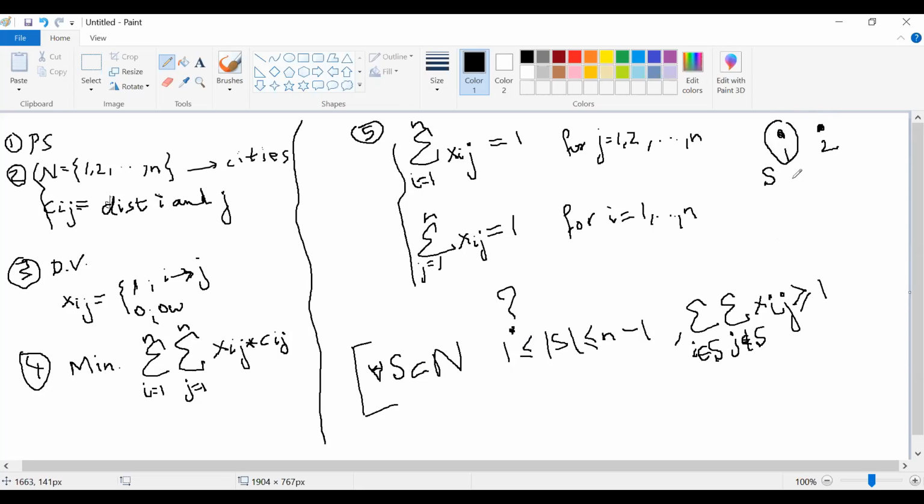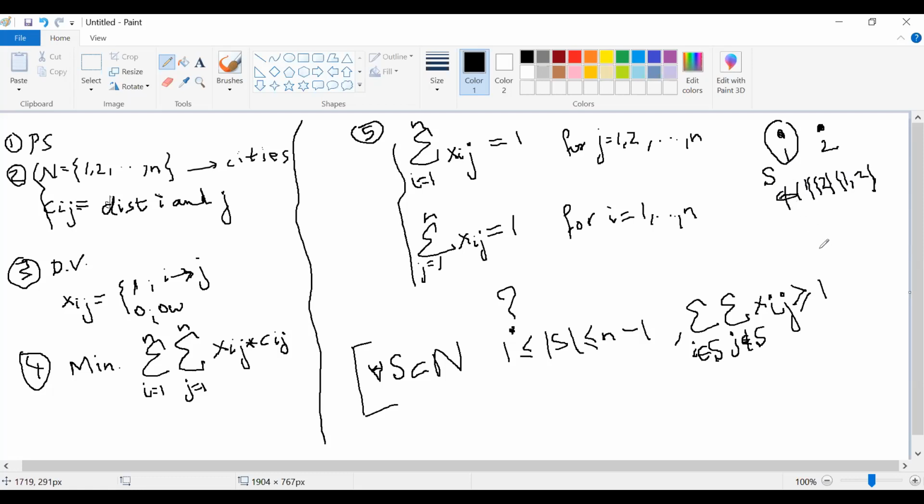Basically we have to find all the possible subsets of a set with two cities. So it would be either 1, 2, or 1 and 2. These are the subsets, and obviously the empty set is also there.